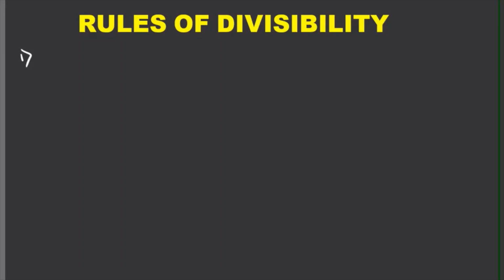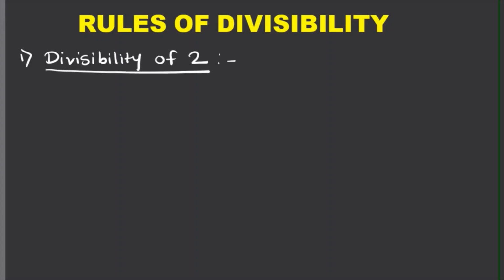Divisibility of 2. Do you know which numbers are divisible by 2? It's very simple. A number is divisible by 2 if its last digit is divisible by 2.